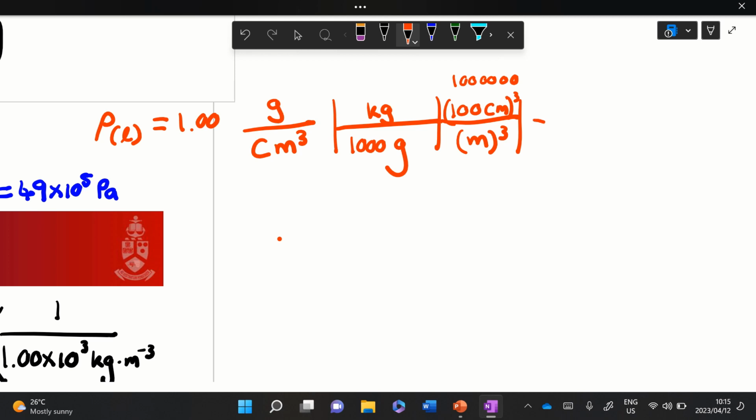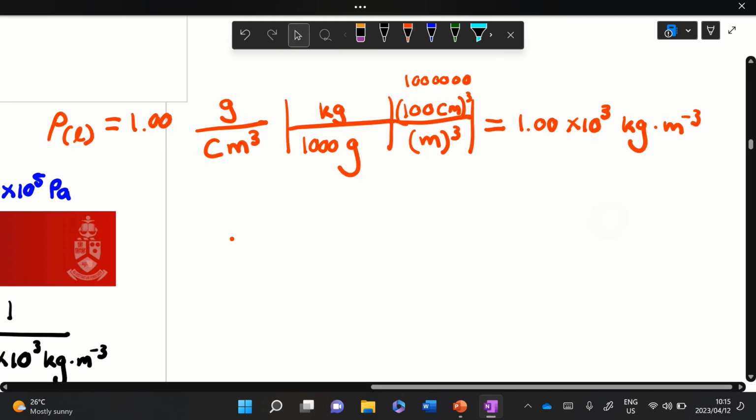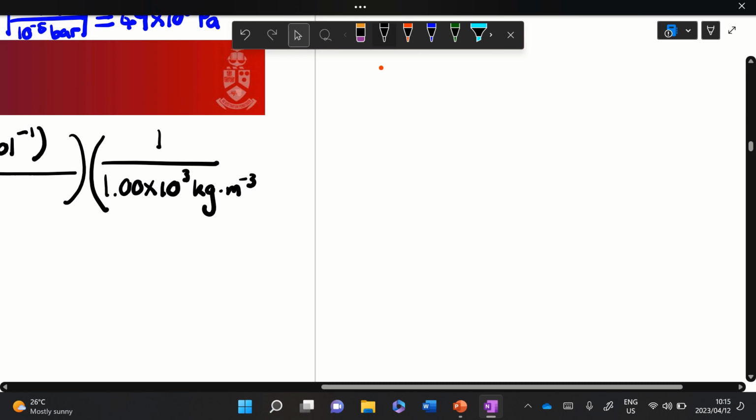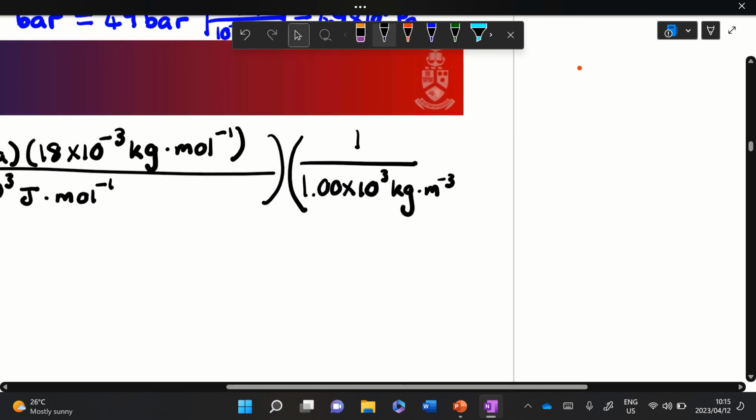So then we end up with 1.00 times 10 to the power 3. The centimeter cancels out, the gram cancels out, and we're left with kilogram per meter cube. Do you see why I like the block notation? You can never make a mistake when you're using the block notation. Literally cannot make a mistake.